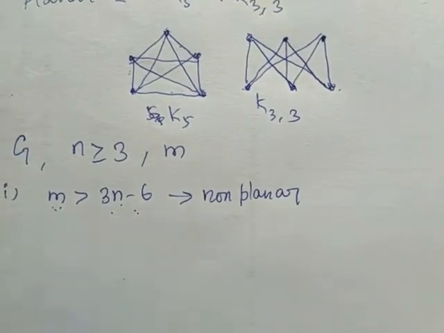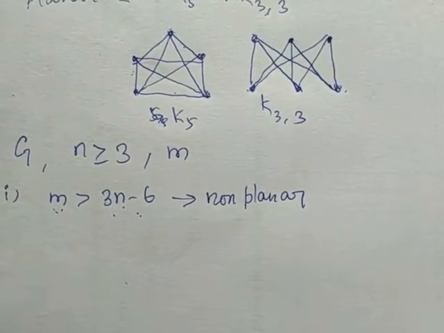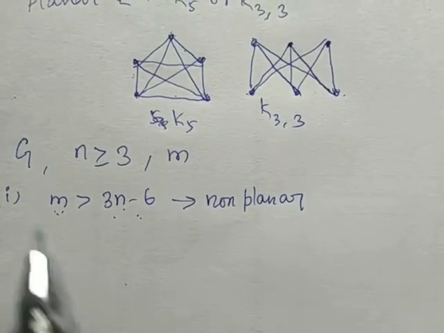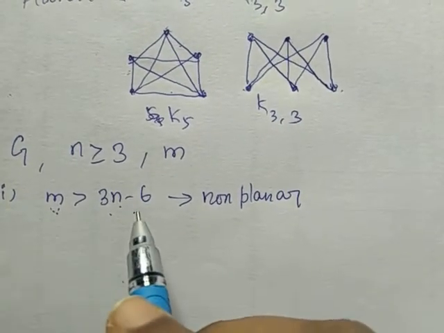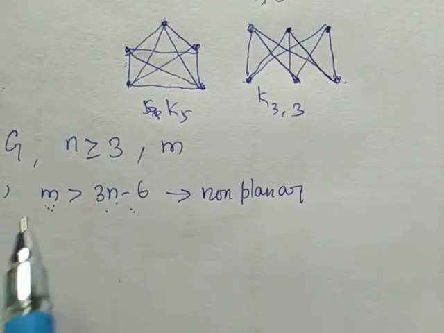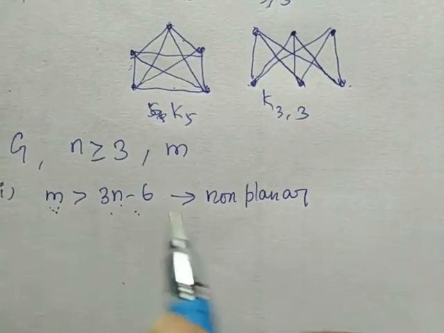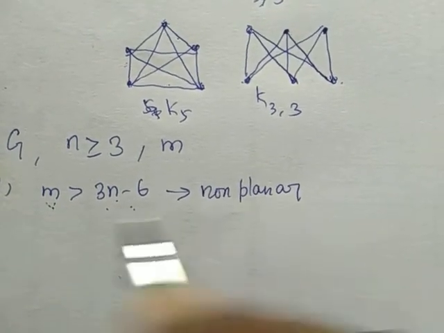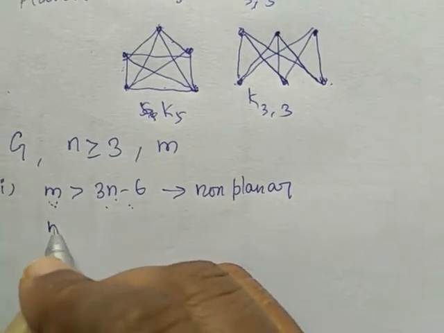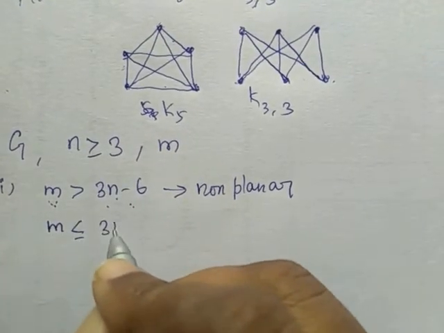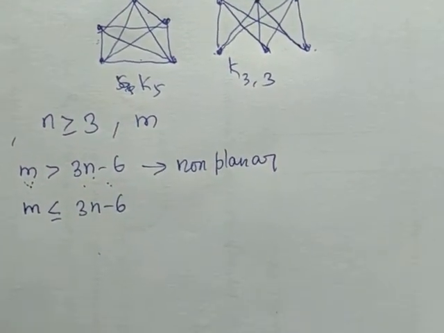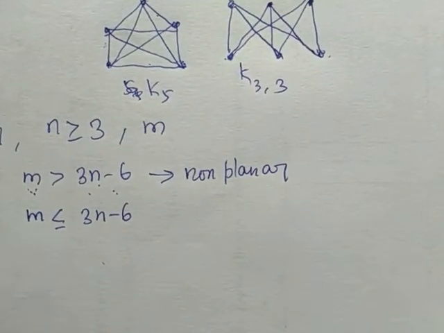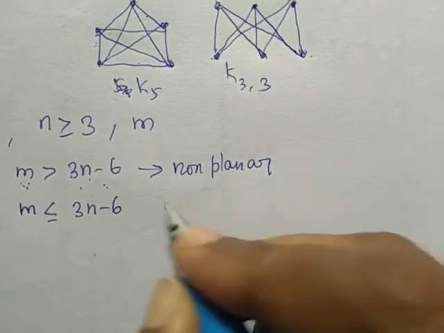So first, we have to draw the graph in plane form. If we can't do that, check whether m is greater than 3n minus 6. If m is greater than 3n minus 6, the graph is non-planar. Suppose m is less than or equal to 3n minus 6, then the graph may be planar or it may not be planar.